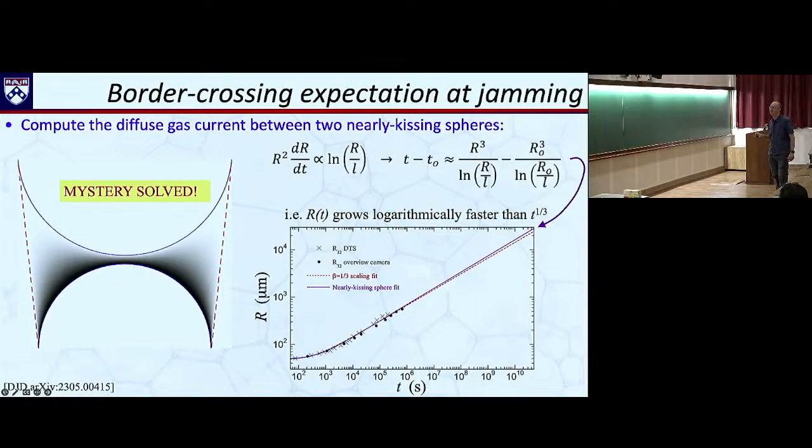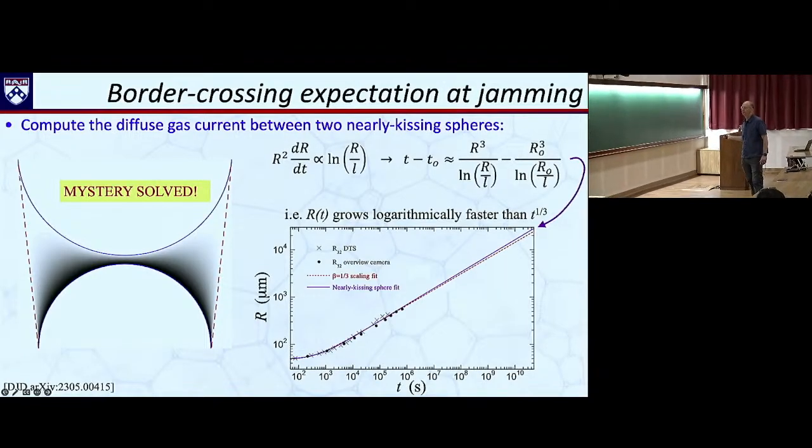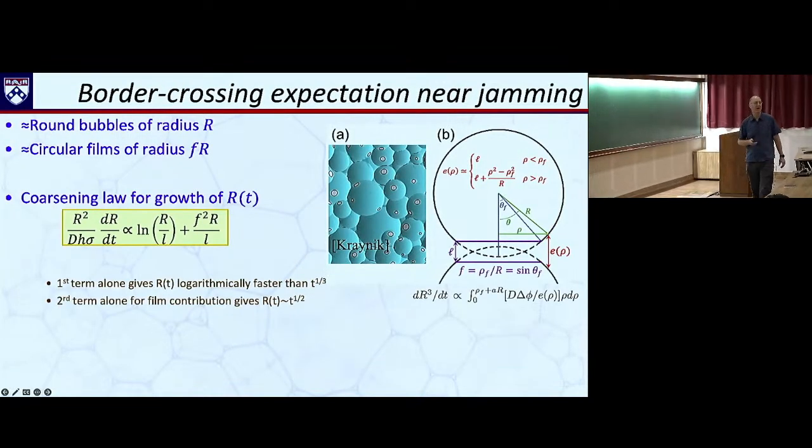How about as we go above jamming? Well, I can do the same calculation for spheres that are pushed together. So here is a picture of Surface Evolver simulations from Andy Kraynik of bubbles that are just above jamming. And you can see what they look like are spheres that are just faceted with little circular films.